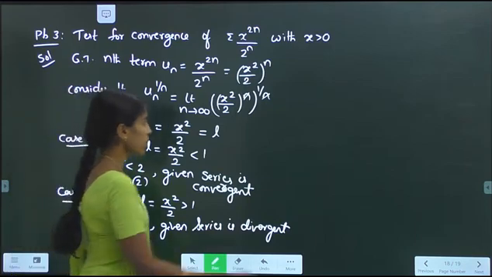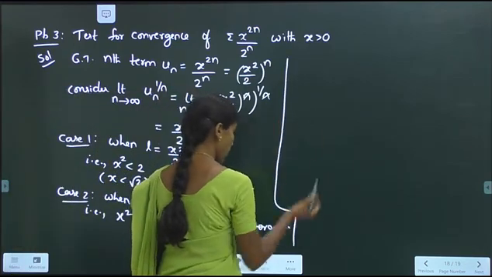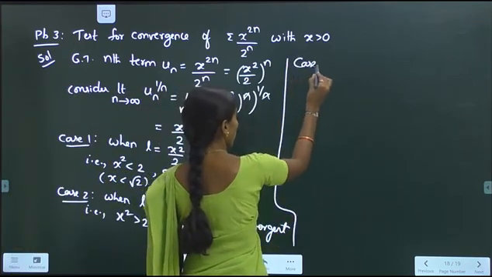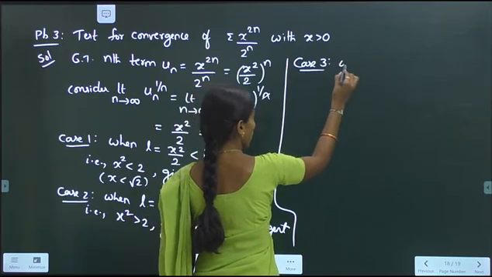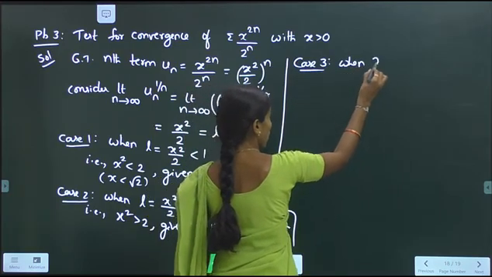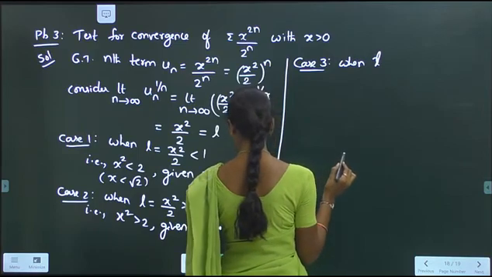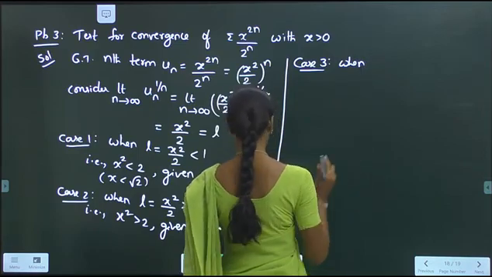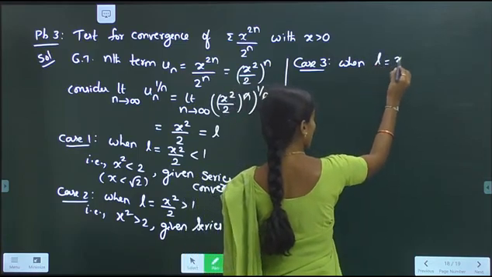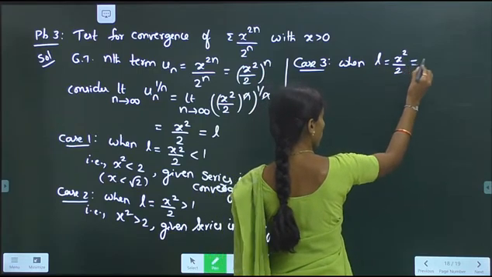Now we see case 3, that is the failure case. What is case 3? When limit value L, that is x square by 2, is equal to 1.